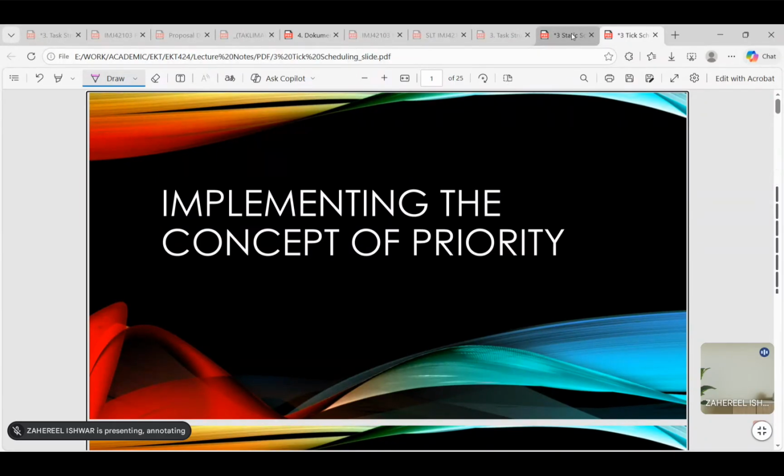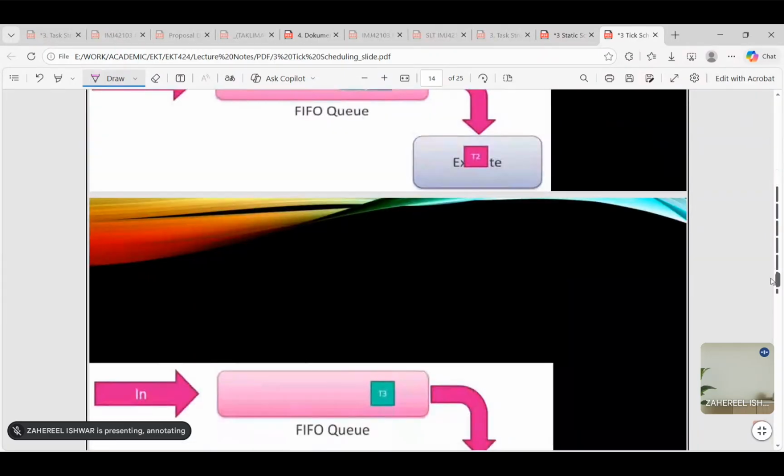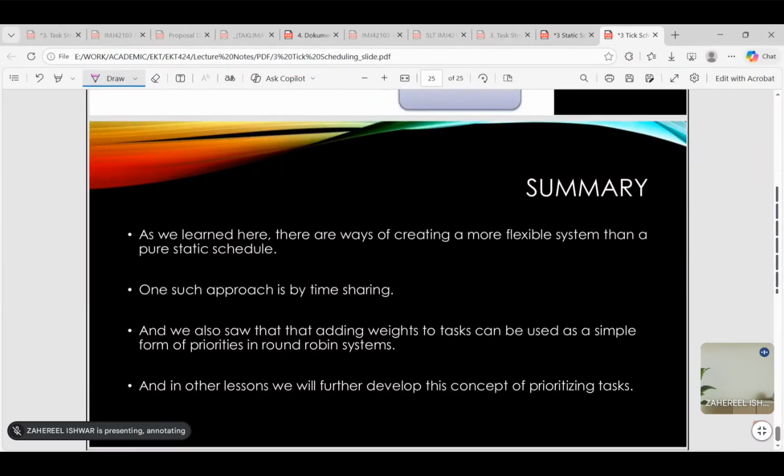Okay, so to recap for today's material, what we have discussed today: first, we talked about modeling a real-time task.